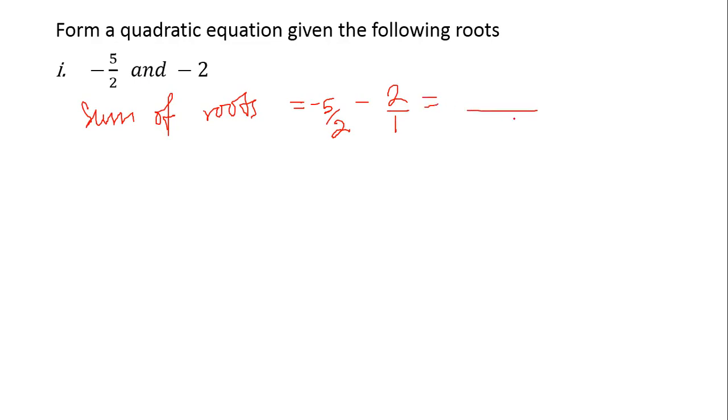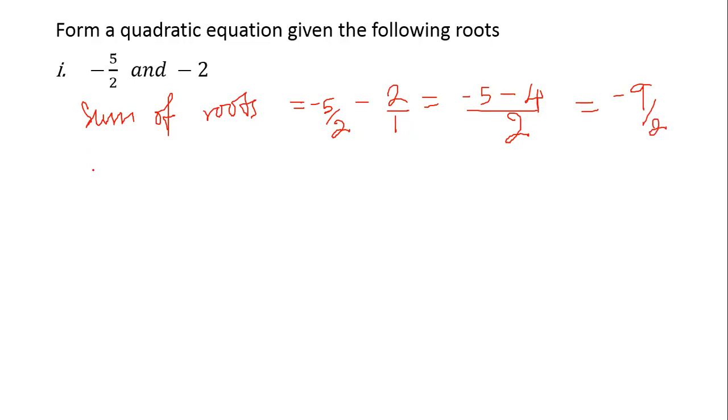Then the LCM will be 2. So 2 divided by 2 gives us 1 times -5, which remains -5. Then 2 divided by 1 gives us 2 times -2, which is -4. So when we get -5 minus 4, it gives us -9/2.